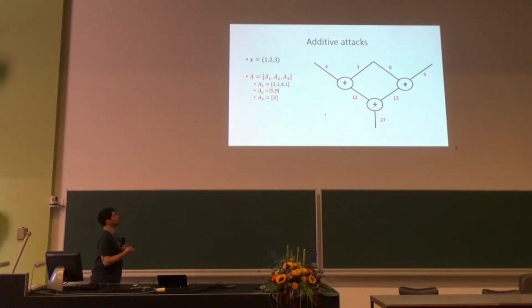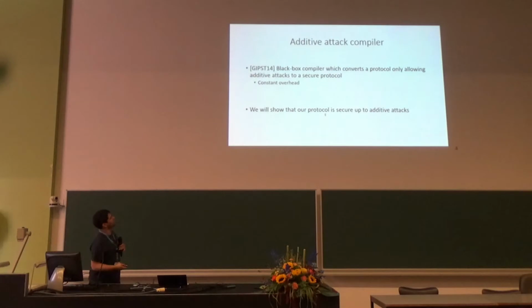And we talk about additive attacks because many MPC protocols, naturally semi-honest protocols, are almost secure, but they have this weakness. Fortunately for us, a very nice paper basically said, if you have a protocol that's only weak to additive attacks, there's a way to compile the protocol so that these additive attacks essentially become ineffective.